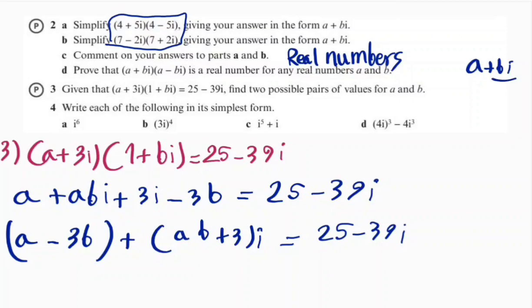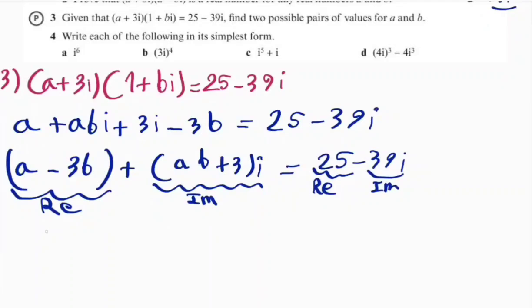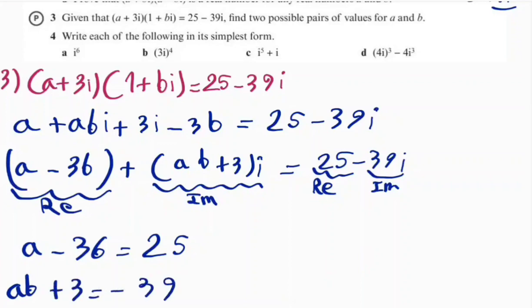And now we use the technique called equating the coefficients, because we know that a real number plus an imaginary number is equal to 25, which is the real part, and -39i, which is the imaginary part. So we equate the coefficients, which means that we set the real part of the left hand side equal to the real part of the right hand side, and same thing for the imaginary part. So ab + 3 is equal to -39.